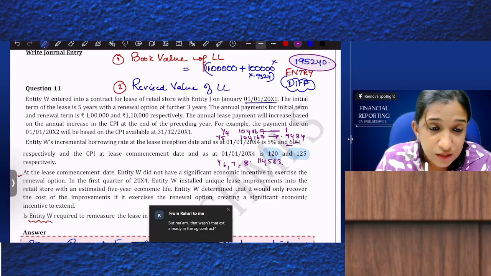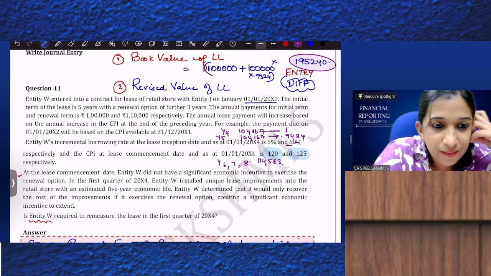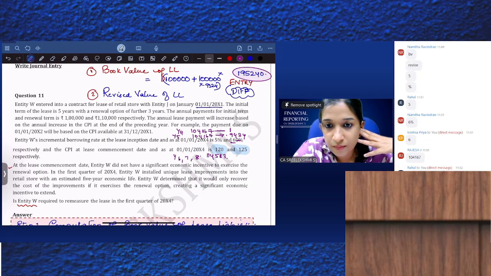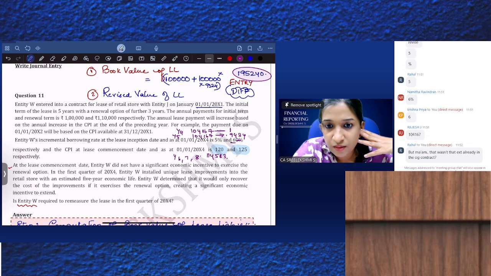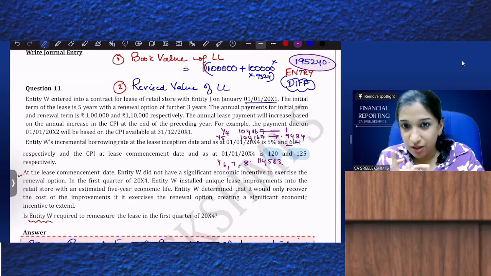But ma'am, that extension was already there in the original contract. Remeasurement, but term changed.